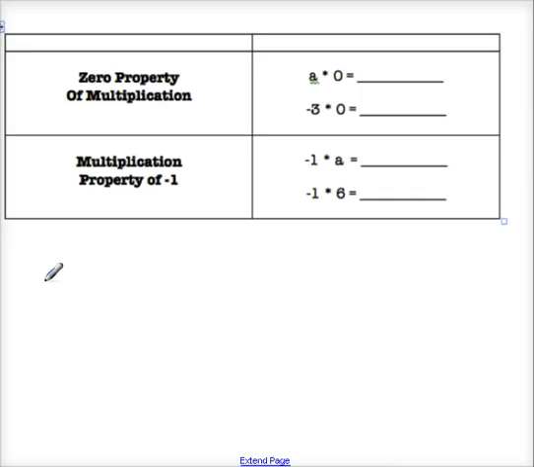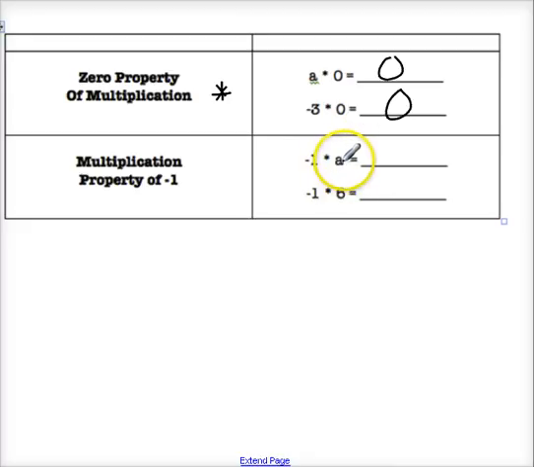There are two other properties. One is called the zero property of multiplication, or multiplication property of 0, however you want to say it. That's if you start with a number and you multiply by 0, you'll always get 0. So negative 3 times 0 is 0. That's the zero property. The multiplication property of negative 1 is whenever you take a number and you multiply by negative 1, your answer will be the opposite sign of the number you started with.